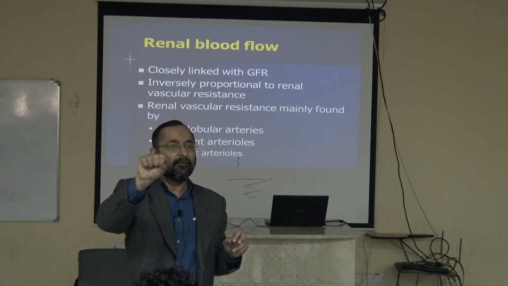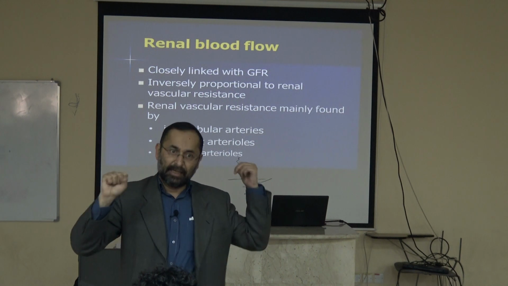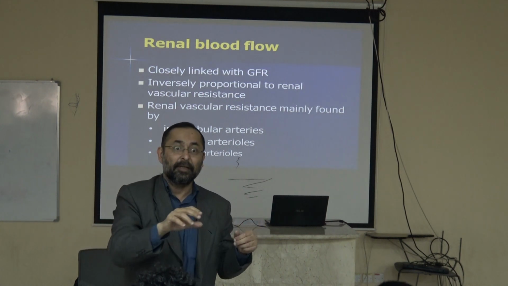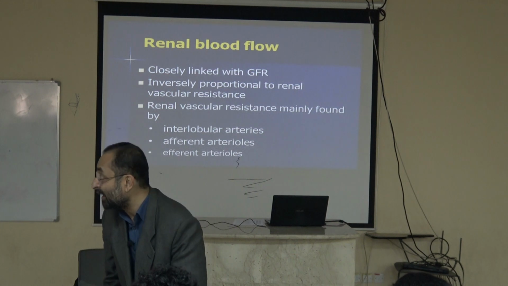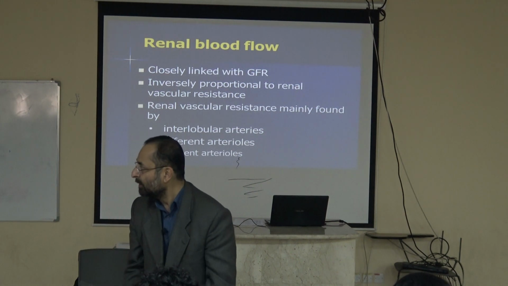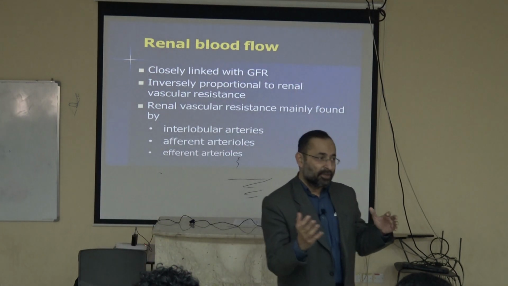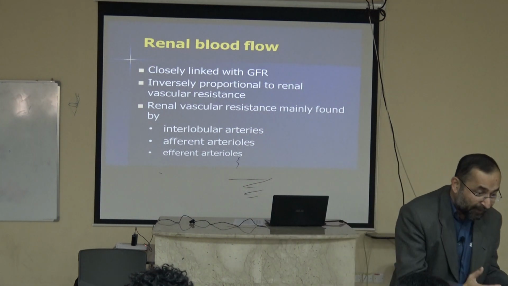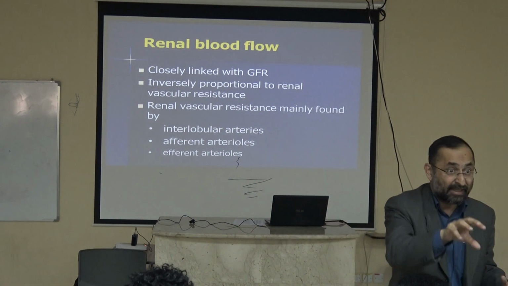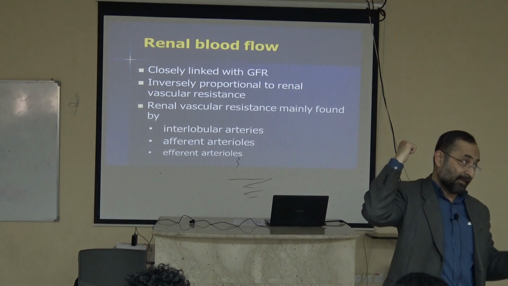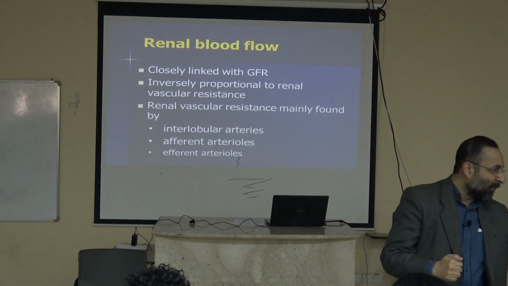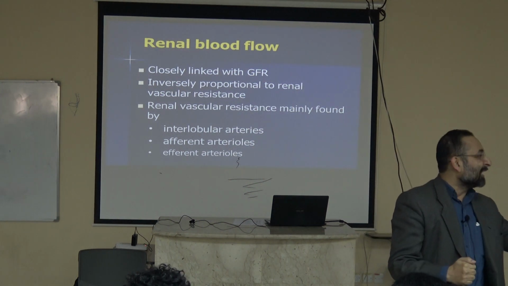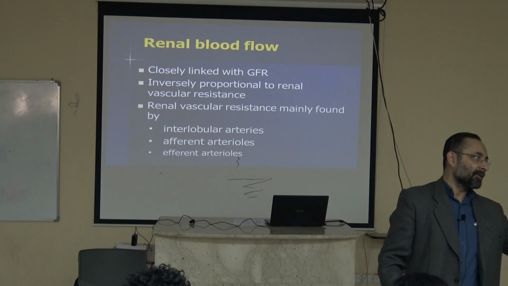So changes in these three areas are significant. If you vasodilate or constrict the interlobular or afferent or efferent, you will have a significant change in the GFR. Got it? So the significant changes in resistance are seen in some special areas, and we have picked those areas: small interlobular arteries, afferent arterioles, and efferent arterioles.